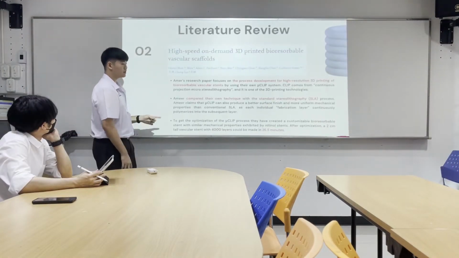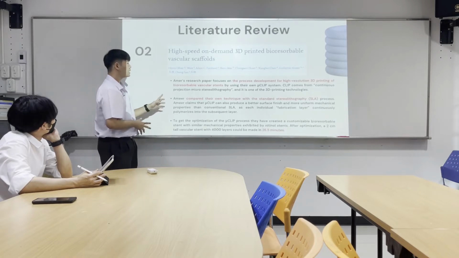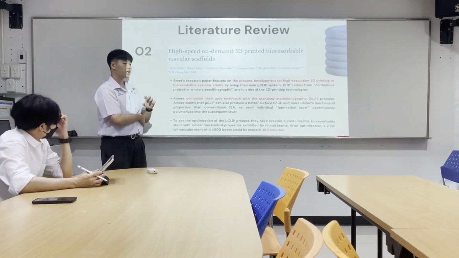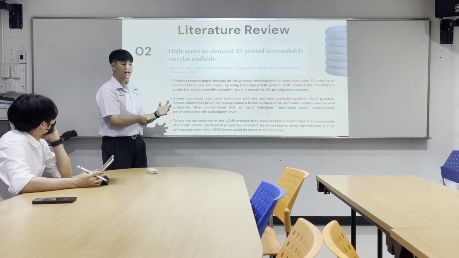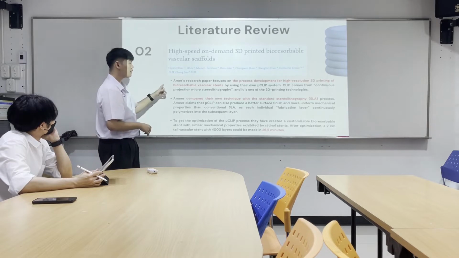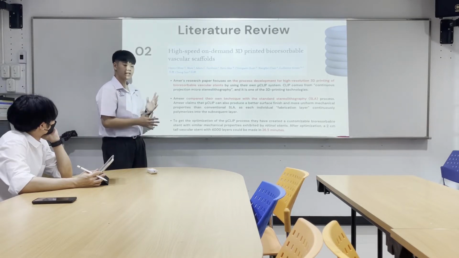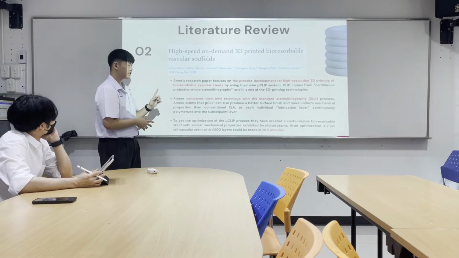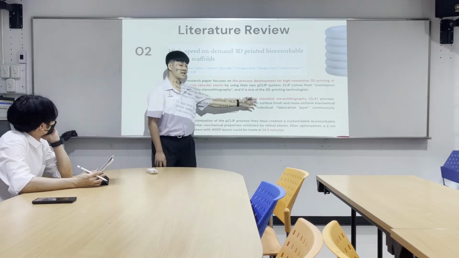The second paper is about the technique they use to print the 3D stent. They want to develop their own technique for printing stents, so they compare their own technique with the normal, standard one.